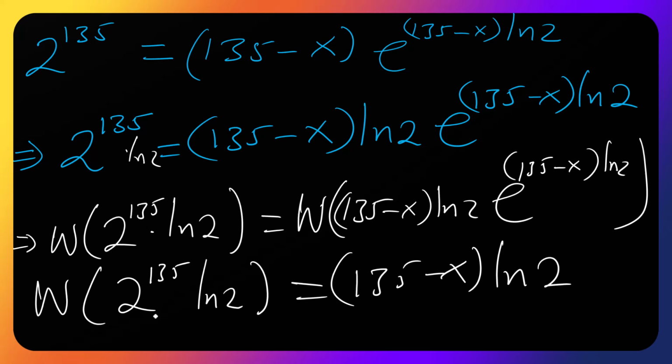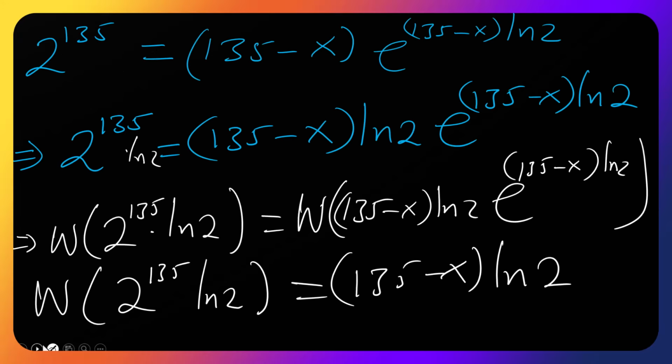Now we can adjust this in such a way that we get something like this. What we are going to do here is break this one. The 135 here can be written as 2 to the power 7 times 2 to the power 128, because 128 plus 7 is 135.